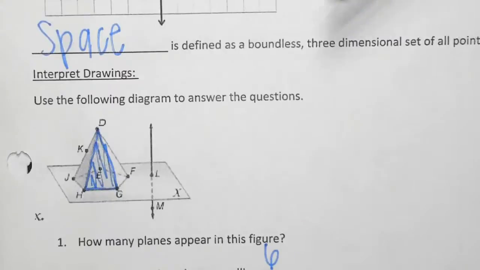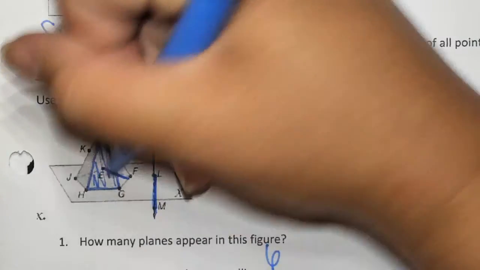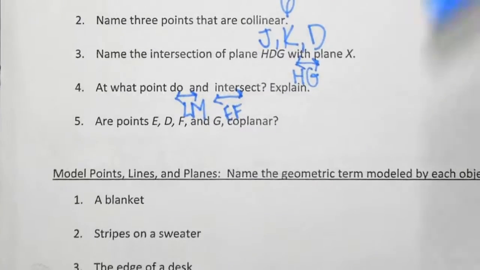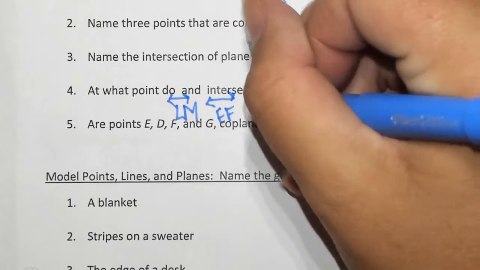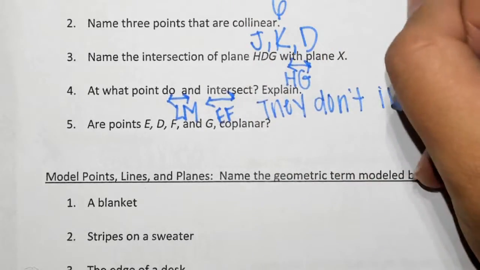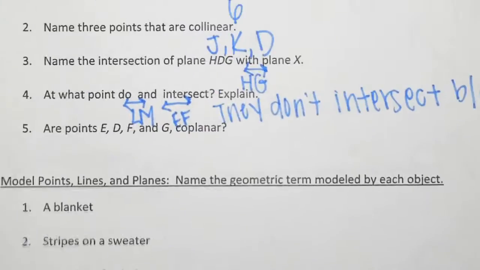You have LM, which is right here, this line, and EF. Where do they intersect? Trick question. They don't. They don't intersect. Because they never touch.